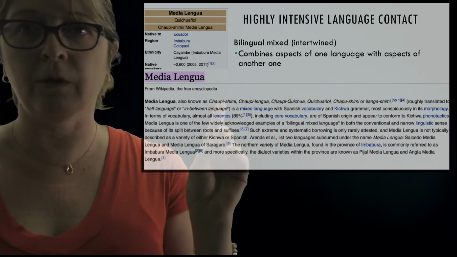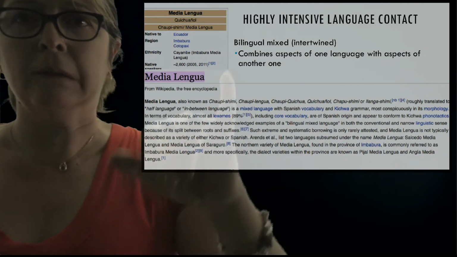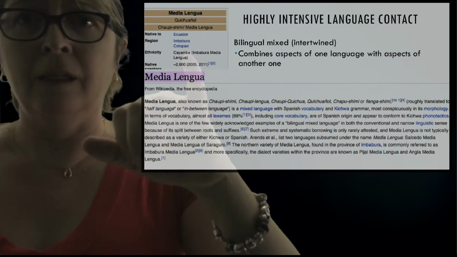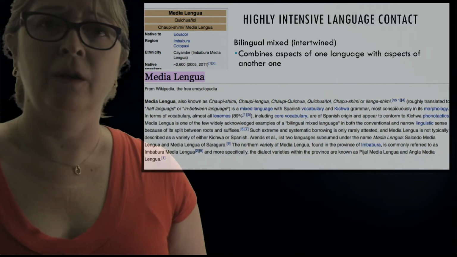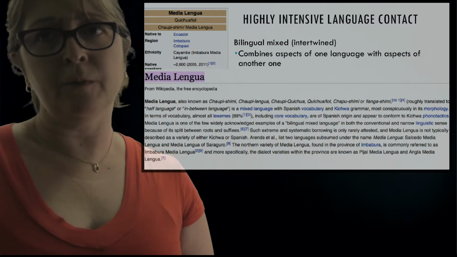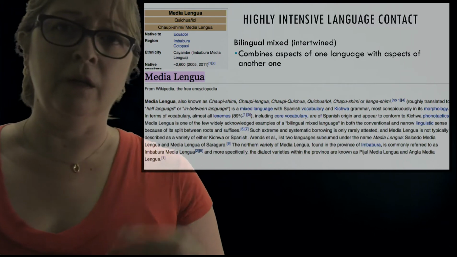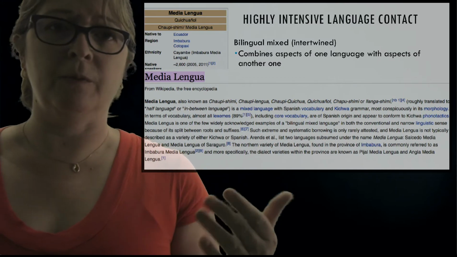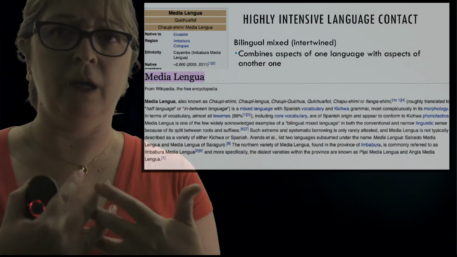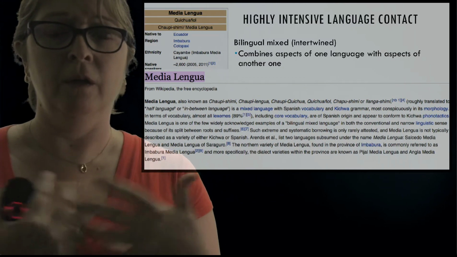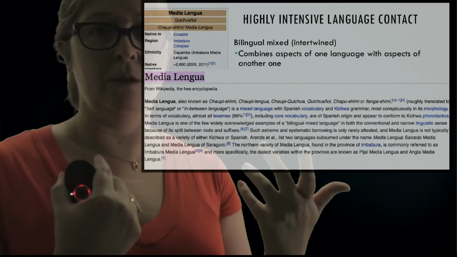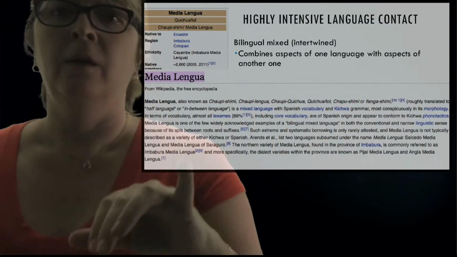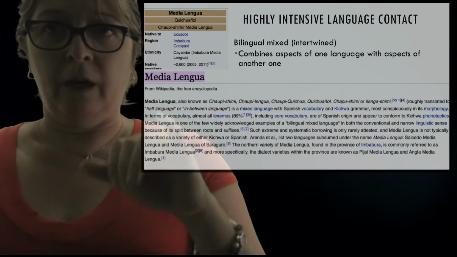So in Ecuador, there's a region called Imbabura, Cotopaxi. Okay. So there are Spanish speakers, and then there are Quechua speakers, and they need to communicate. Native language for some of them is Quechua. And it's called media lengua.